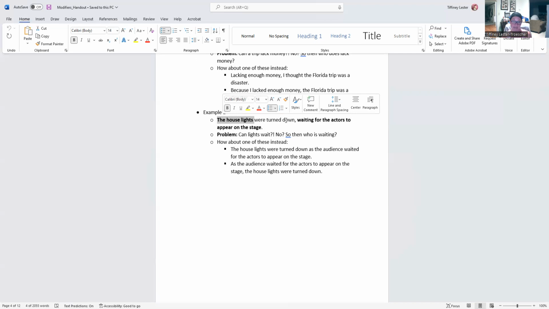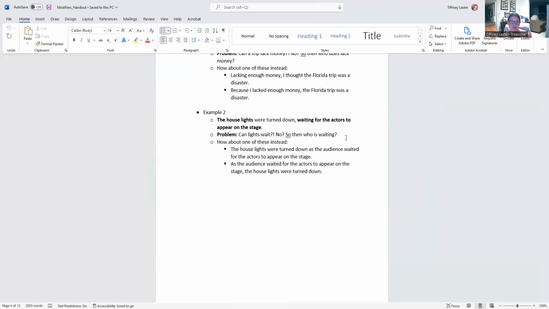House lights can't wait. They aren't living things. So who or what is waiting for the actors to appear on stage? Probably the audience. But the audience is missing from the actual sentence. Therefore, we need to add something to the sentence so that the audience is in the sentence.